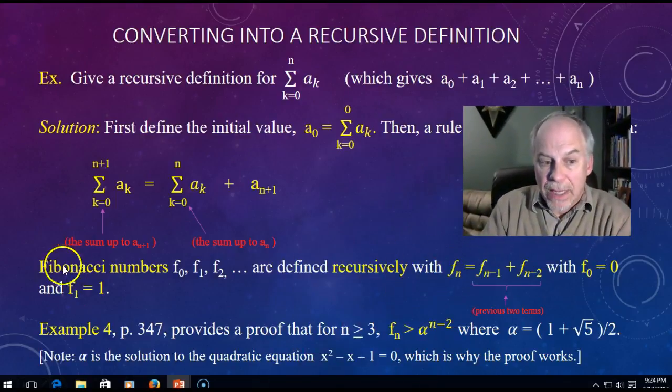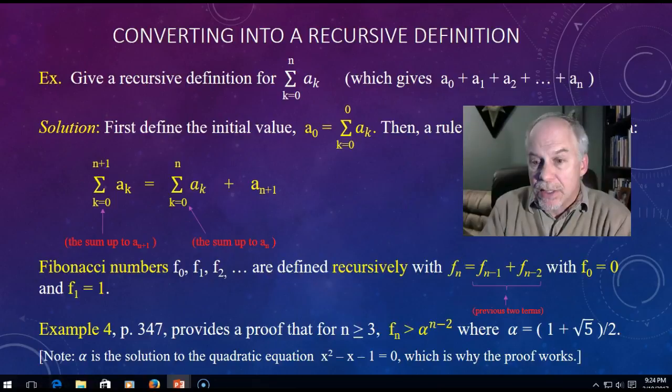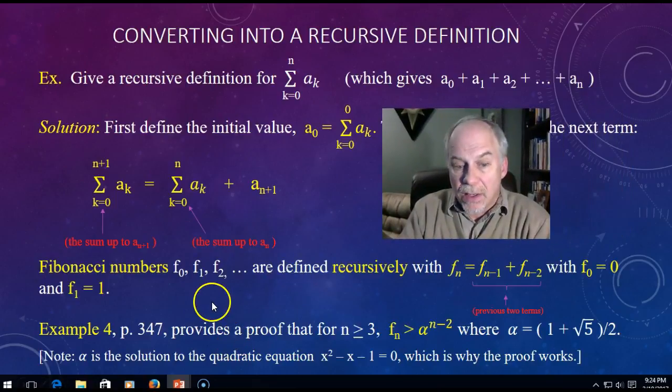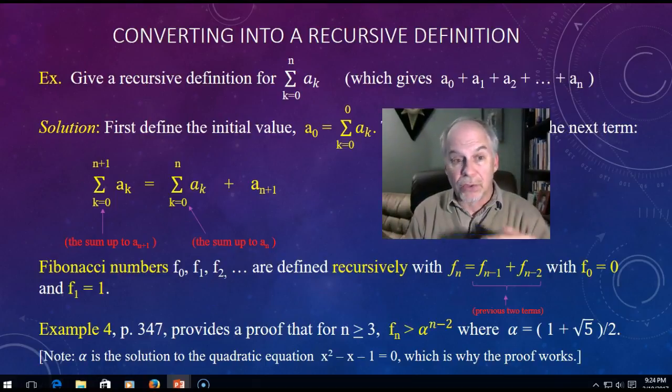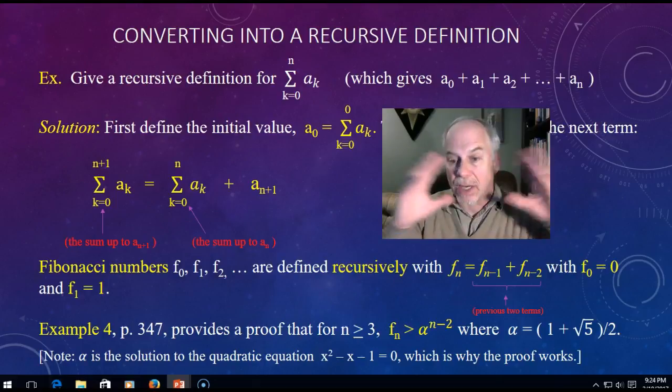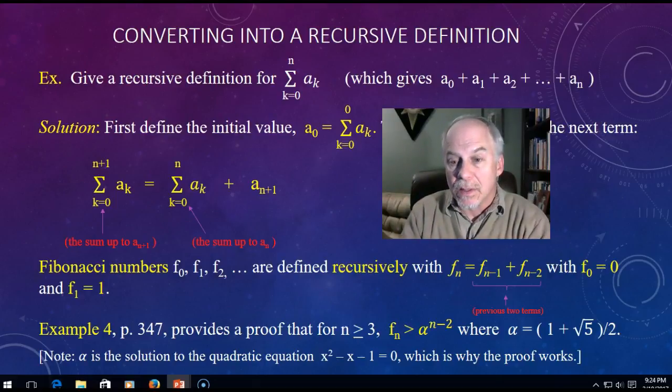Now, Fibonacci numbers are a special sequence that come about in a lot of different areas of math and in nature. Shells and sunflower seeds and all kinds of things in nature have Fibonacci sequences in them. I don't know if you knew that, but Fibonacci numbers are F0, F1, F2, etc., and they are defined by the following recursive definition.